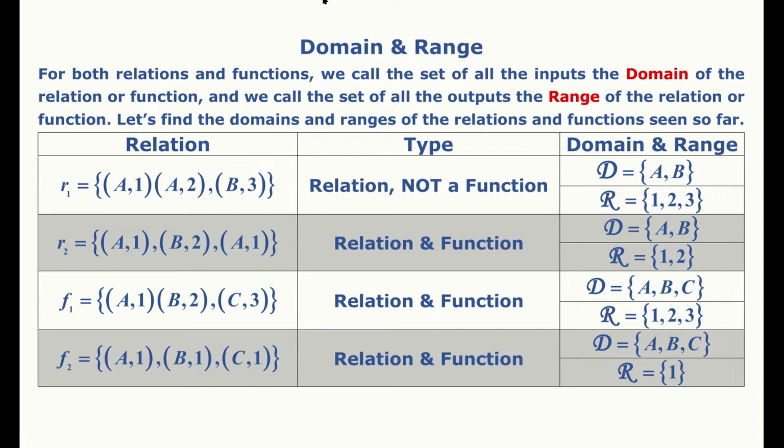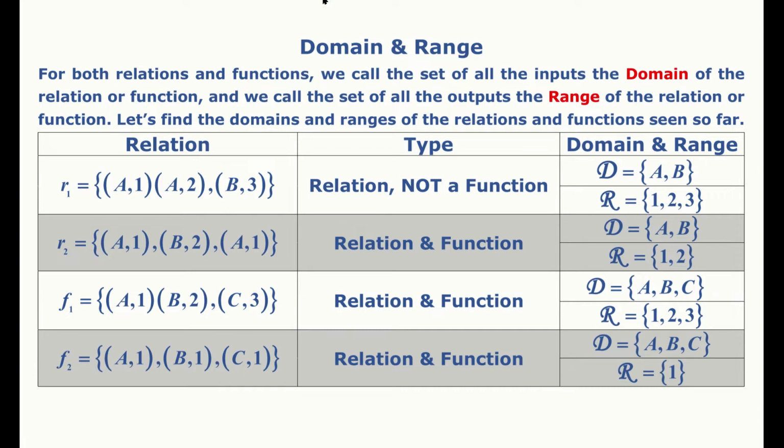So this, as you know, is a relation and a function, because no input is paired with more than one output. So the domain of this relation and function is just going to be A and B, and the set of outputs, the range, is just going to have 1 and 2 in it. That's it. We don't repeat the 1.